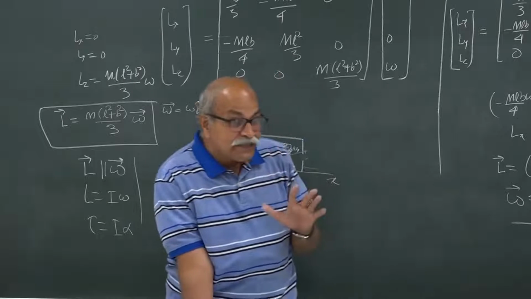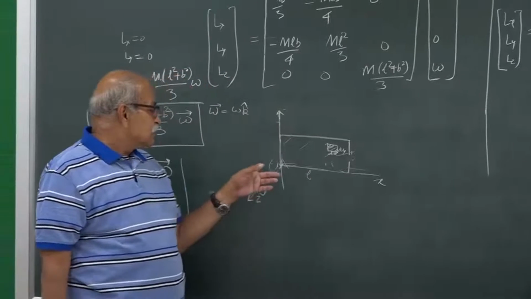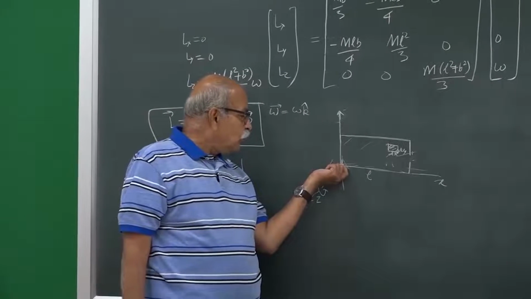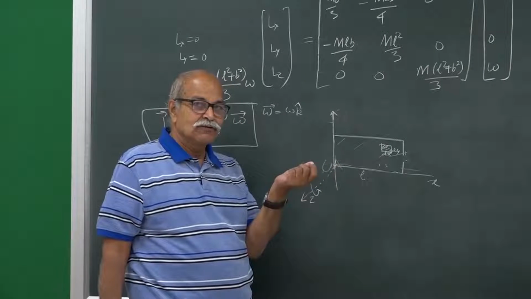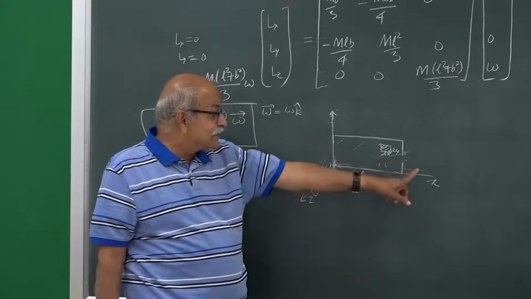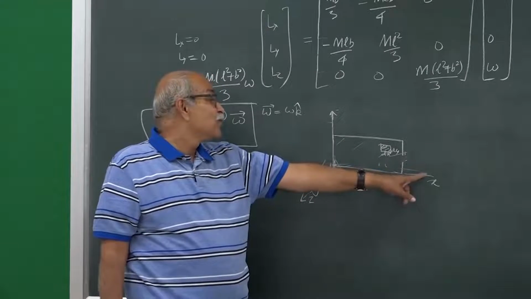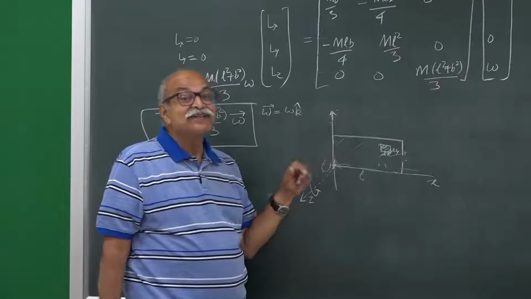Now, I will talk more about these principal directions, but it happens that from this O, one of those 3 directions is the z axis. X axis is not one of those 3, y axis is not one of those 3, but z axis is one of those 3.